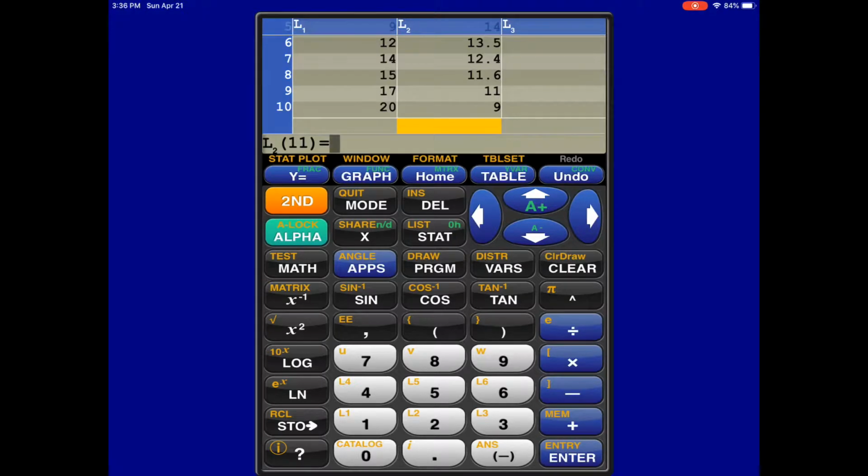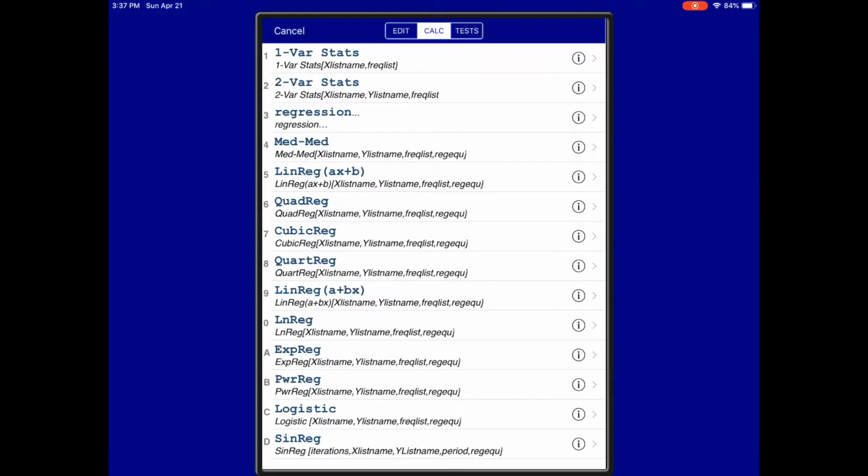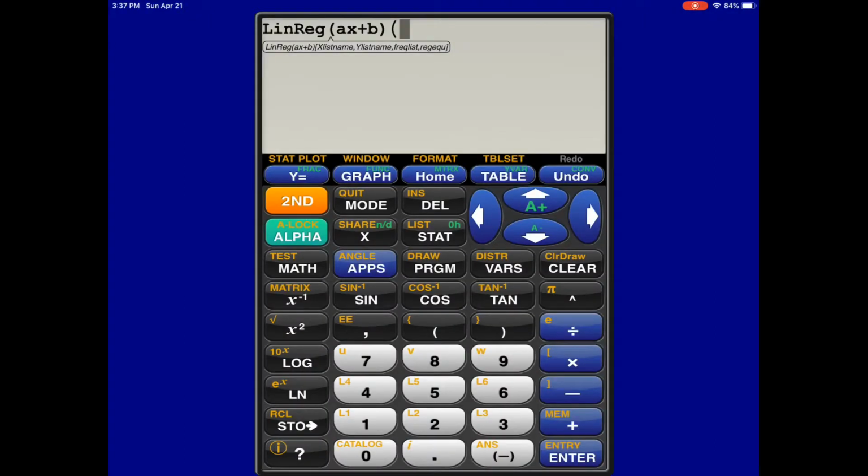All right, then we're going to go back to stat, and go to calc, and this is a linear regression. If we look at our table, we can tell it's a linear regression because it's somewhat in a straight line. So we're going to say linear regression, L1.